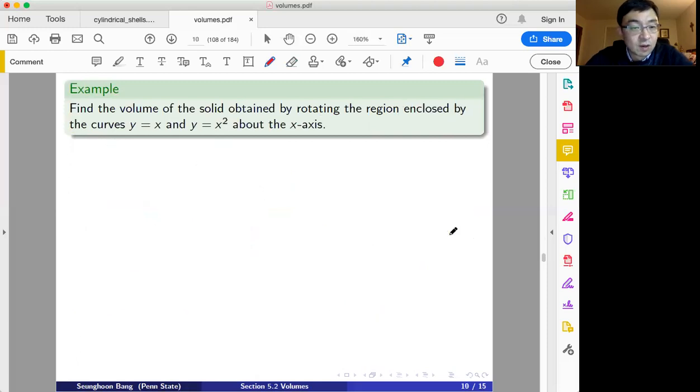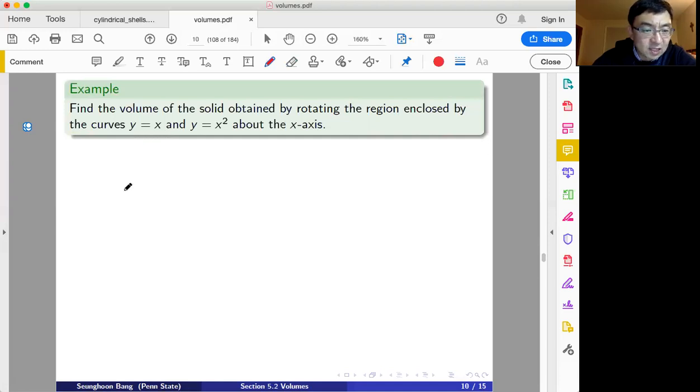The next one. Find the volume of the solid obtained by rotating the region enclosed by the curves y equals x and y equals x squared about the x-axis. Similar. So how can you find the exact volume of this? Same as before. You can draw one curve and one line.